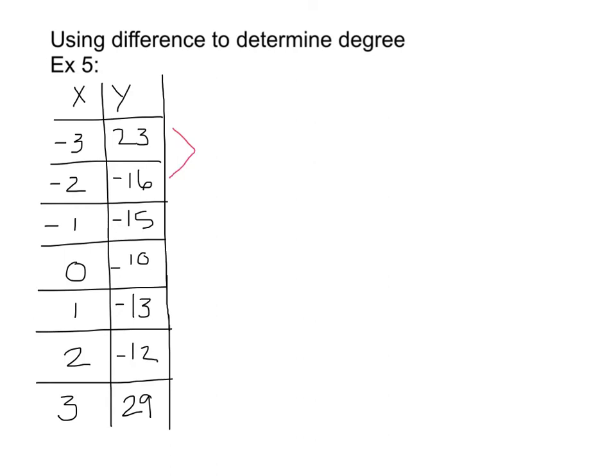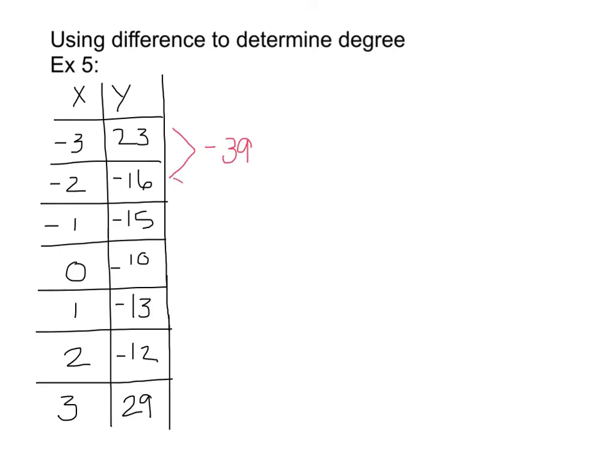So I'm going to start with the bottom y term, so negative 16 minus 23 gives me negative 39. If you were to do 23 minus negative 16, you would get the similar outcome. Your signs are just going to be different for a while, but again, your end answer is going to be the same in case you forget.